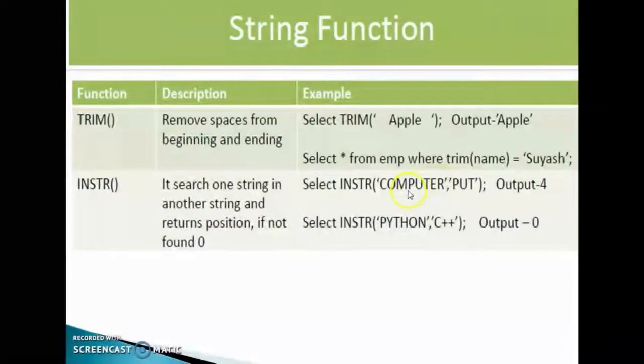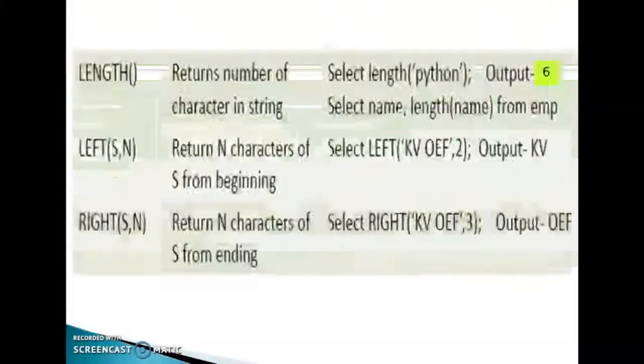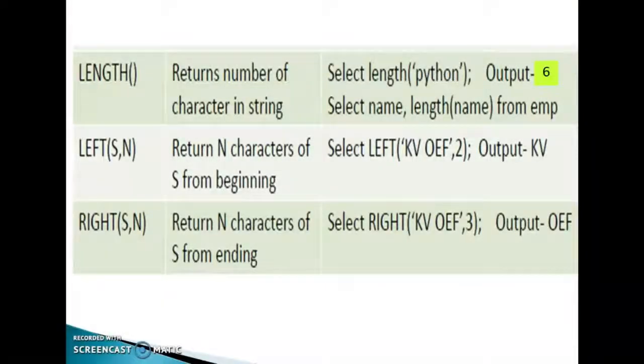So put, from the 4th position onwards, is present in this computer. So the output is 4. Check this one: instr Python, C++. C++ is not in this Python, so the output is 0. Okay, instr.